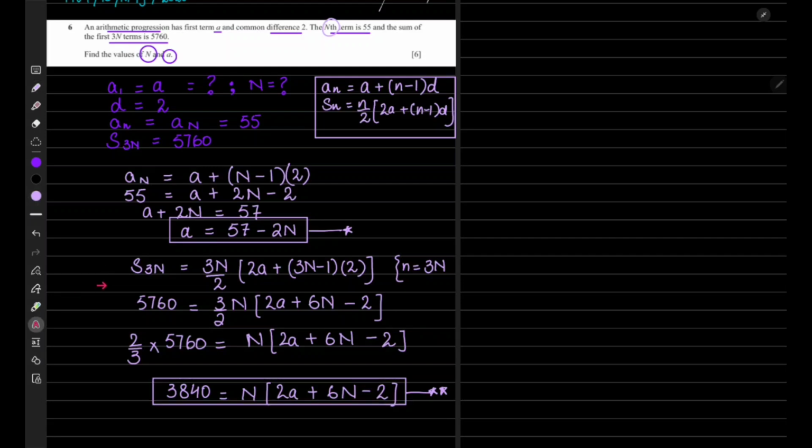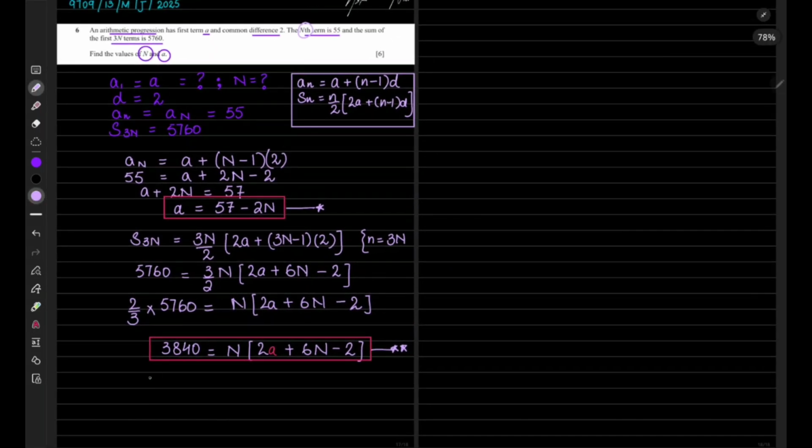Okay, so here I'm substituting this. It becomes 3840 equals n times 2a, that is 57 minus 2n, plus 6n minus 2, equals n times 57 times 2 is 114 minus 4n plus 6n minus 2.